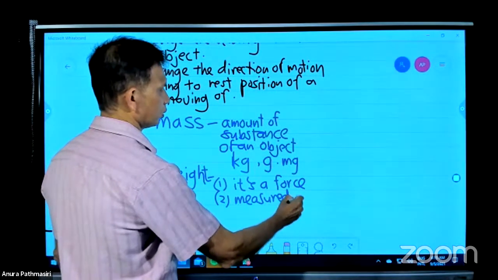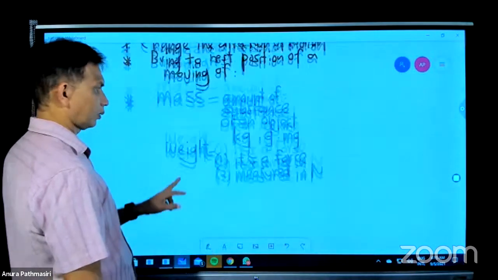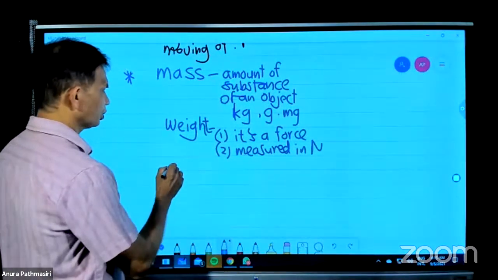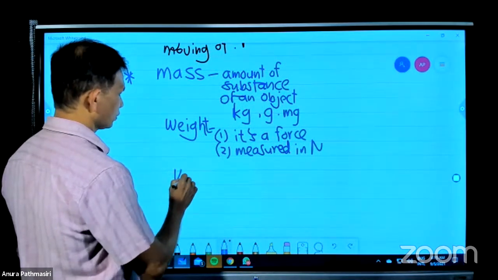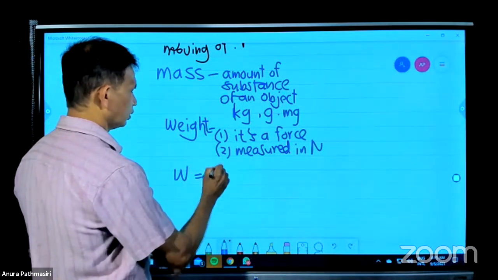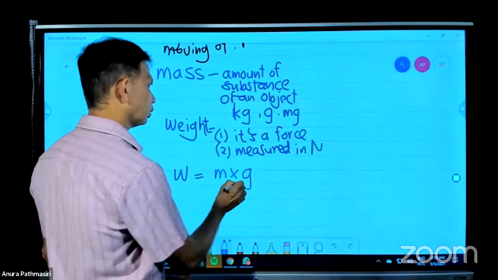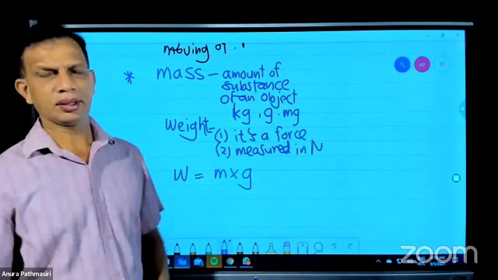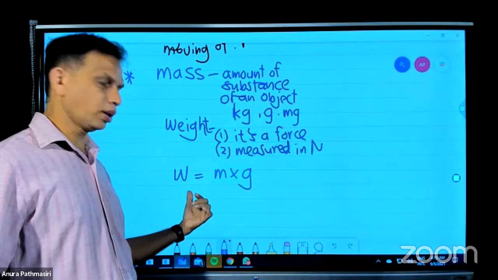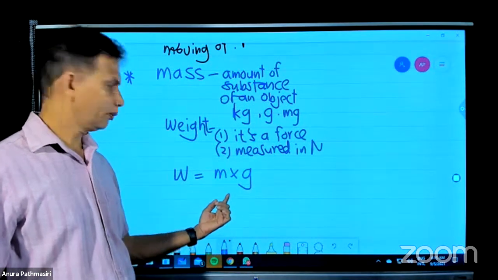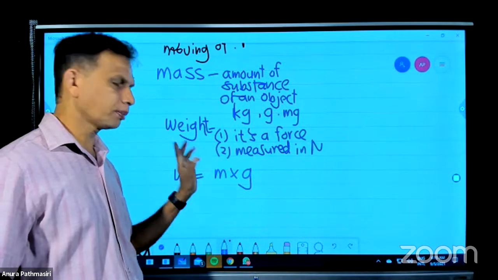The relationship between weight and mass is that weight equals mass multiplied by gravitational acceleration. So weight is gravitational acceleration multiplied by mass.